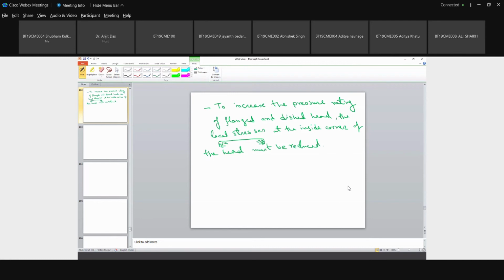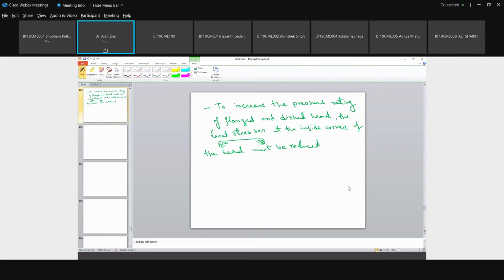So the localized stress or the resultant stress value may exceed the allowable stress of that material. Due to the changing, not only the hoop stress but the bending stresses and some other localized stresses may be generated there.